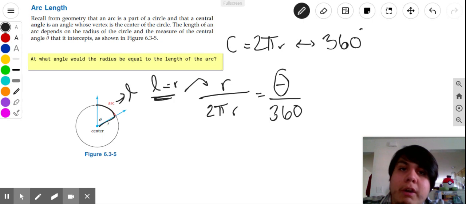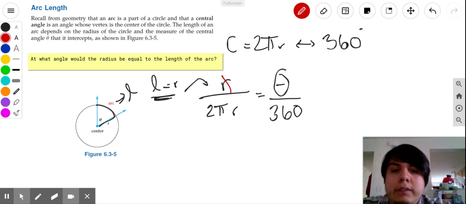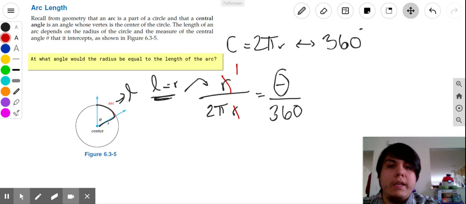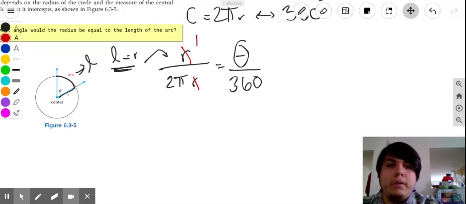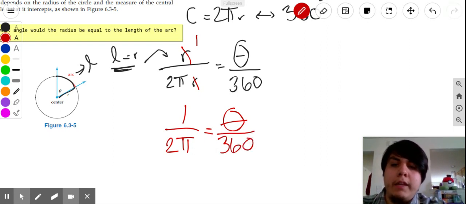Actually, I don't want to solve for R. I want to solve for theta. Okay, so here's what we can do. So that's a 1. So essentially this problem is now 1 over 2 pi is equal to theta divided by 360. And I'm trying to solve for theta, so I'm going to multiply both sides by 360.